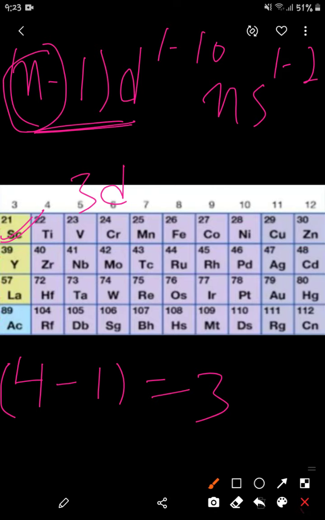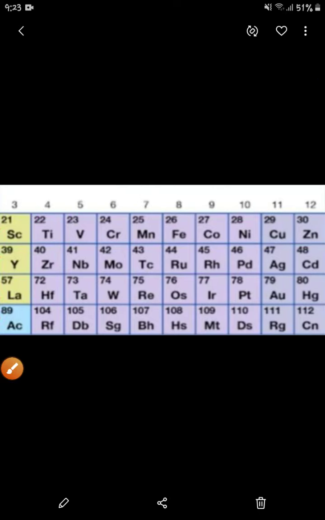You need to learn the names of this series. You can find many short forms or tricks to learn this. You have to learn the names from scandium to zinc.